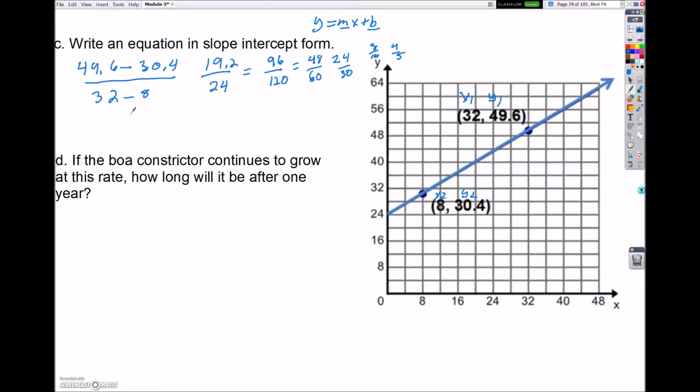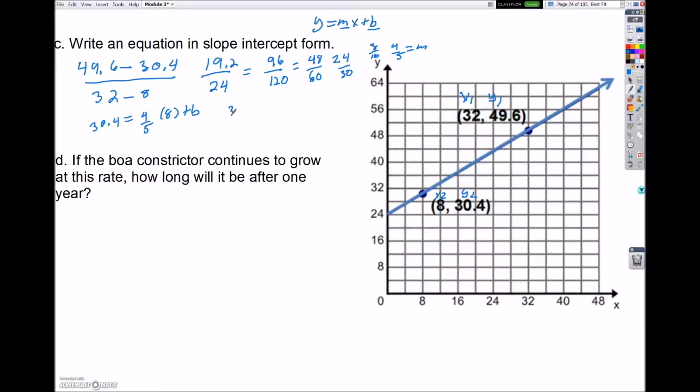Now that I have 4/5 as my slope, that's my m value. In order to find slope-intercept form, I'm going to choose one of these points. I'm going to choose 8, 30.4. So 30.4 is equal to my slope, which is 4 over 5, times 8, plus b. Remember, I think it's 24, but we're just double checking to make sure it is.